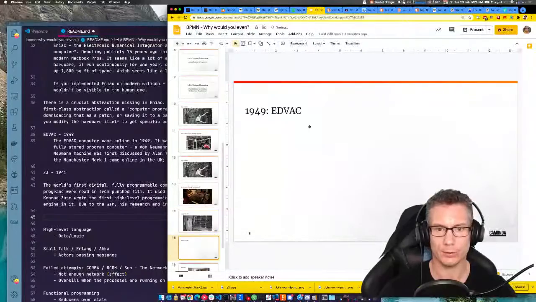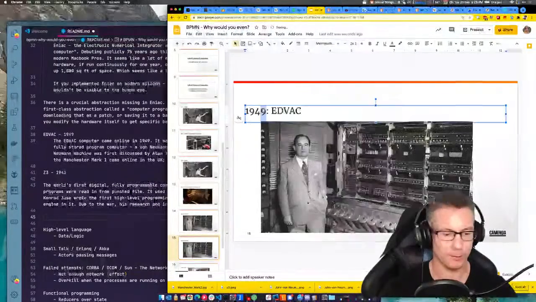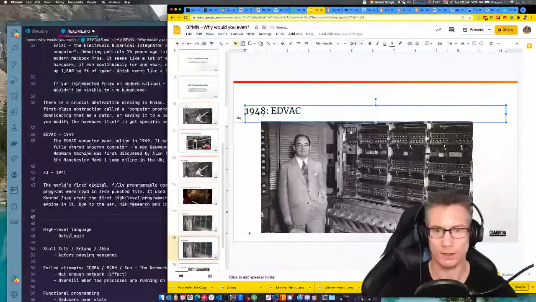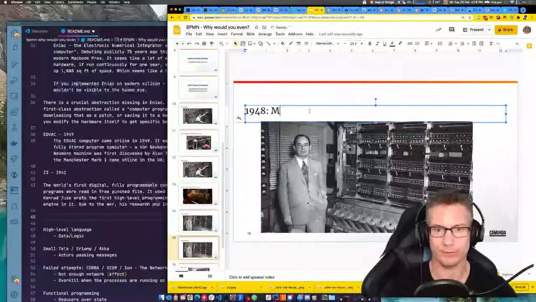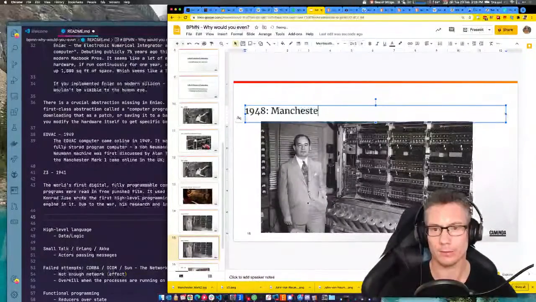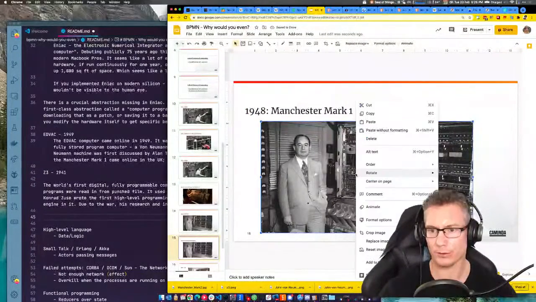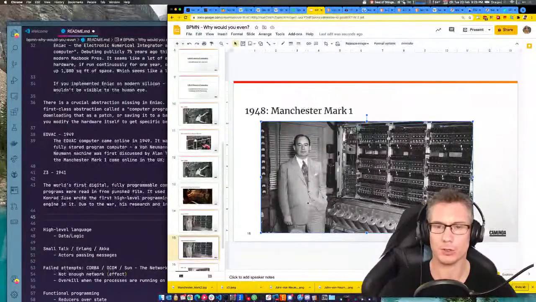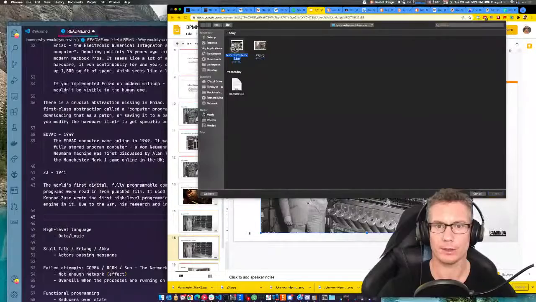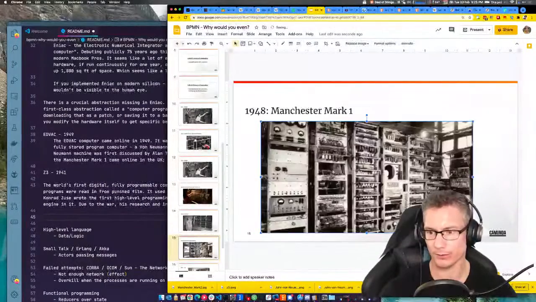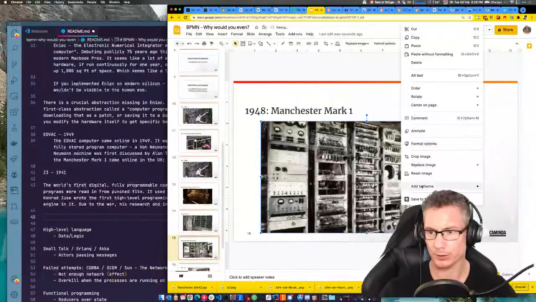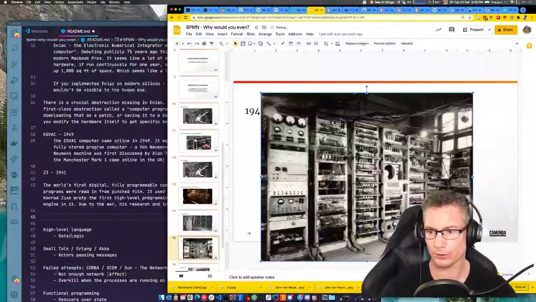Duplicate the slide, so we're sliding backwards through time now. 1948, Manchester Mark 1. Replace. Upload from the computer. It says it's the Manchester Mark II, but whatever. Reset image.